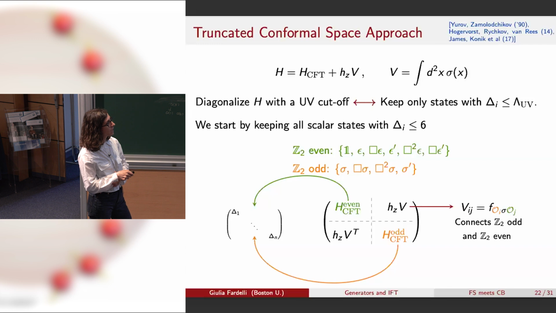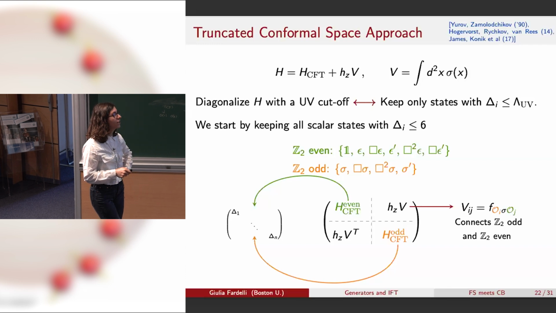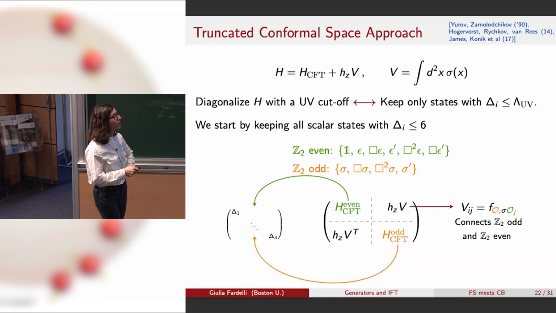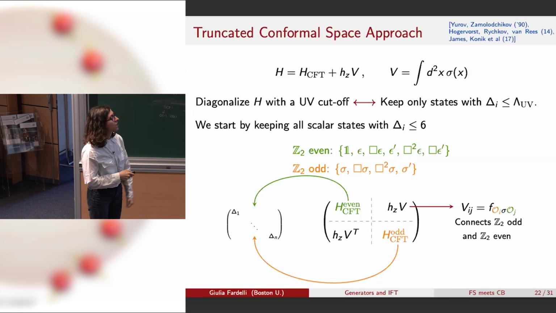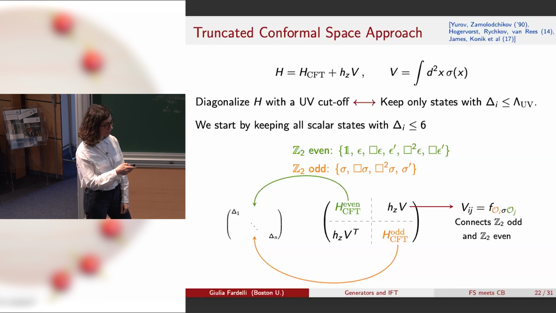Then we have these two off-diagonal terms, which mix the Z2 even and the Z2 odd sector, and they're just given by the OPE coefficients between these operators. At this very low truncation, all of the dimensions and the OPE coefficients were already known, so we were good to go and just diagonalize this matrix as a function of hz.